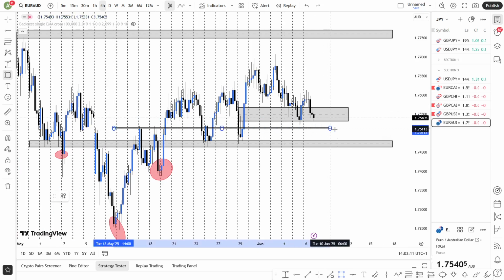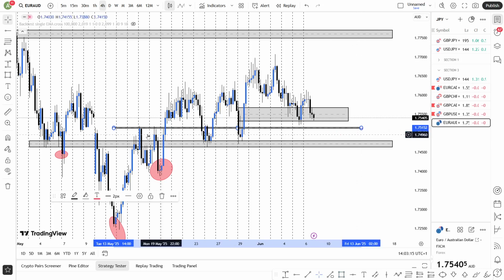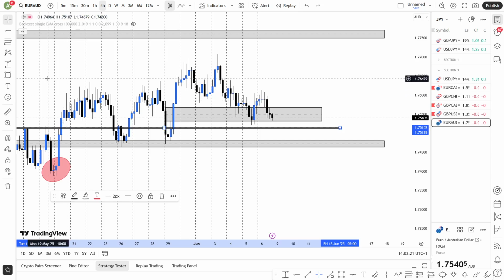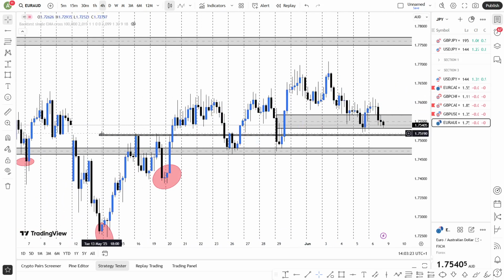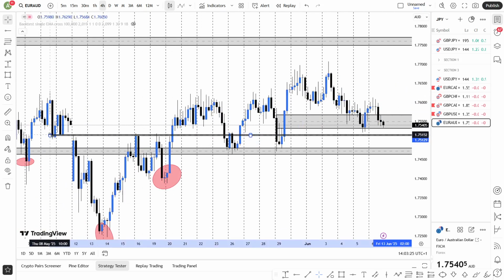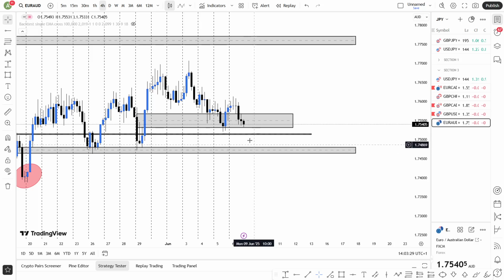Price has a level of support and resistance here. Here we have a rejection at this point. Here we have a rejection at this point. So price might eventually come to this point, and here we have a level of support, which is a strong point for me. So we're expecting price to get here, and we continue to the downside.